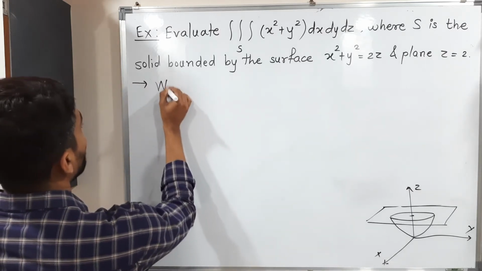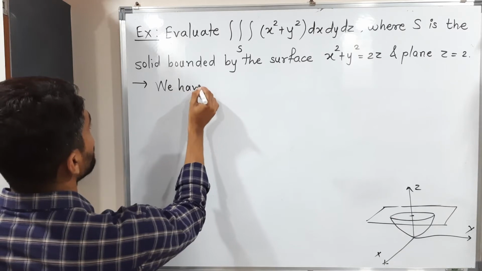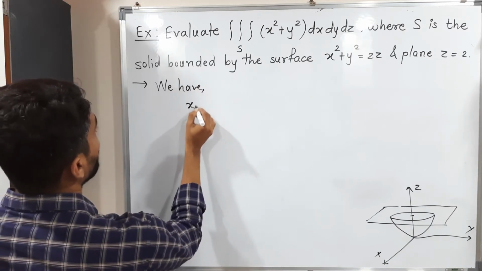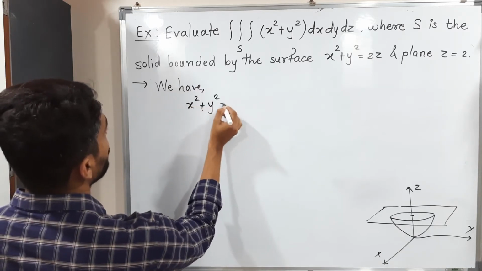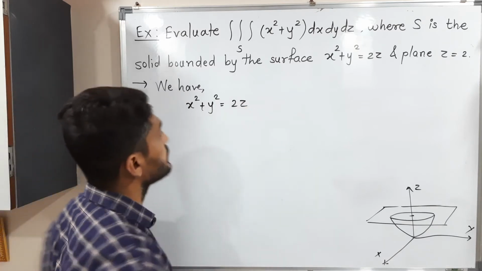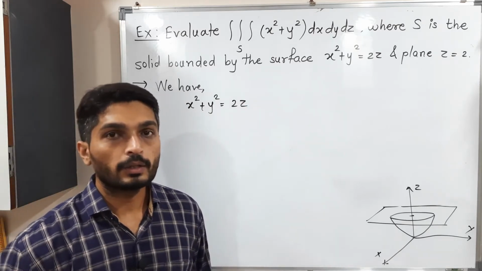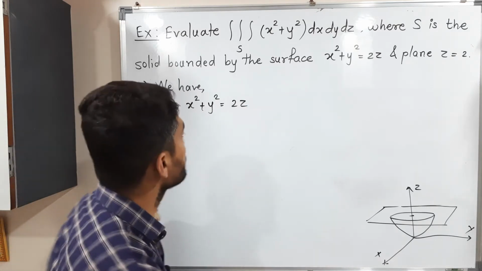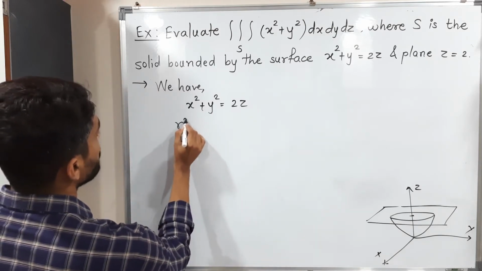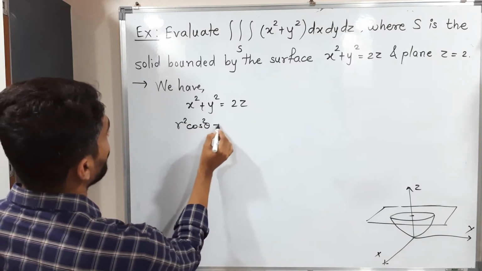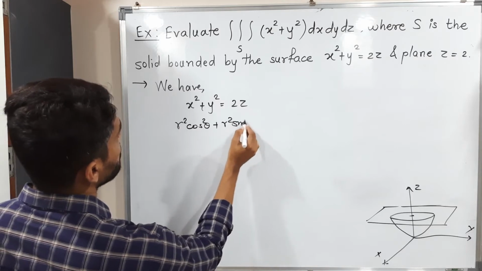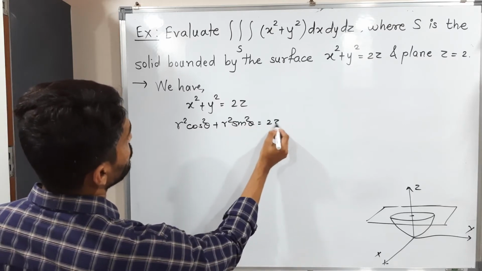What is the equation of the paraboloid? x square plus y square is equal to 2z. Let us convert it into the cylindrical coordinate system. x means r cos theta, so r square cos square theta, y means r square sin square theta, and 2z.